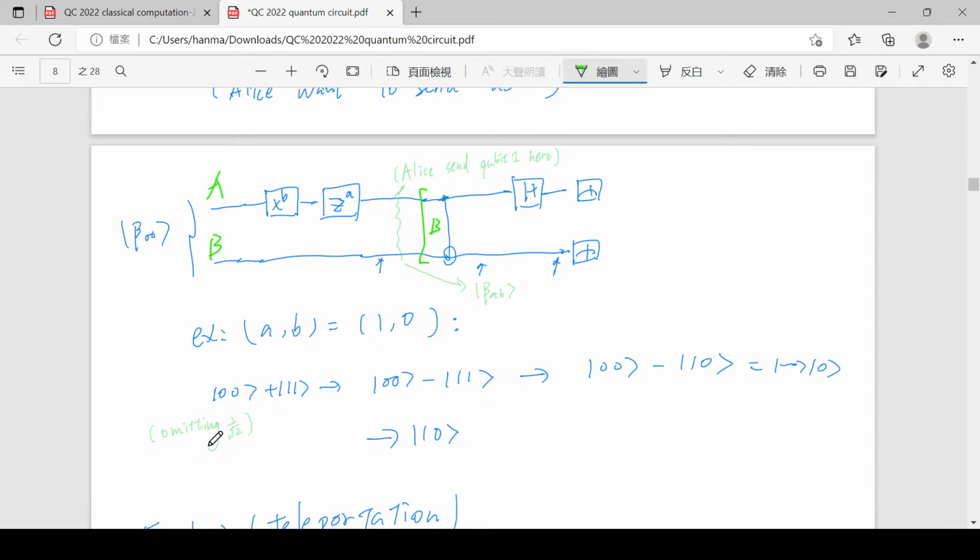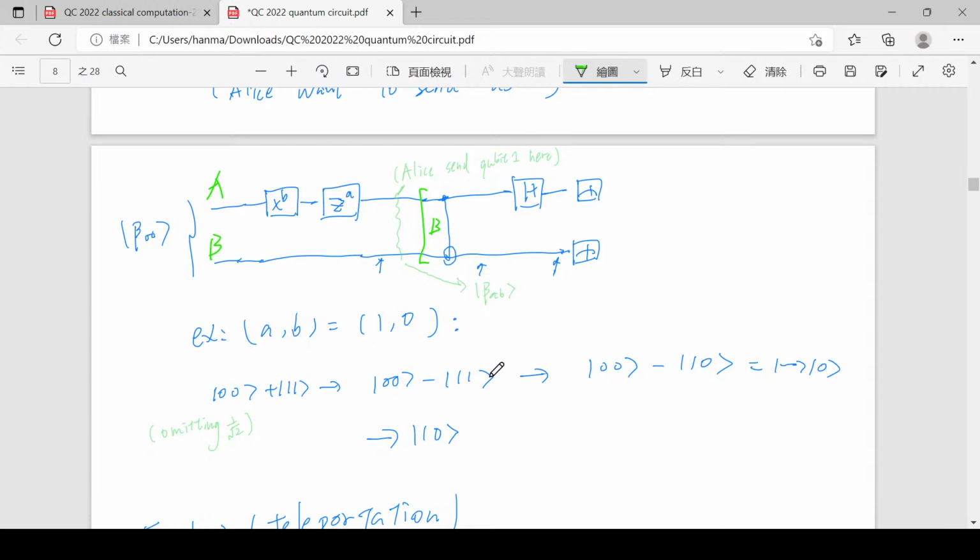So from now on we are getting lazy. Okay, so we are omitting all the normalizing factors because they are easy to add in. So omitting the 1 over square root 2. So we start with 0, 0 plus 1, 1. And we do Z on the first qubit. So let's see, Z on 0 doesn't do anything, so it's 0, 0.